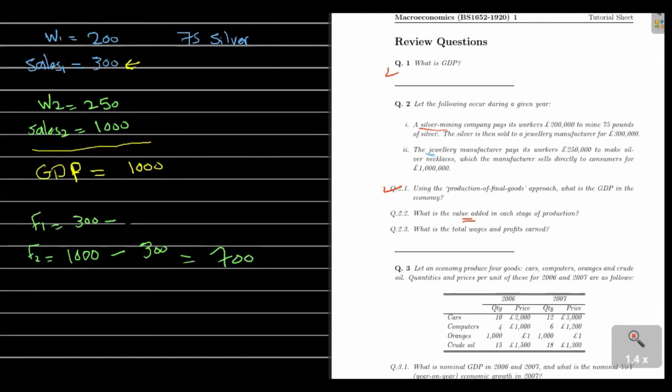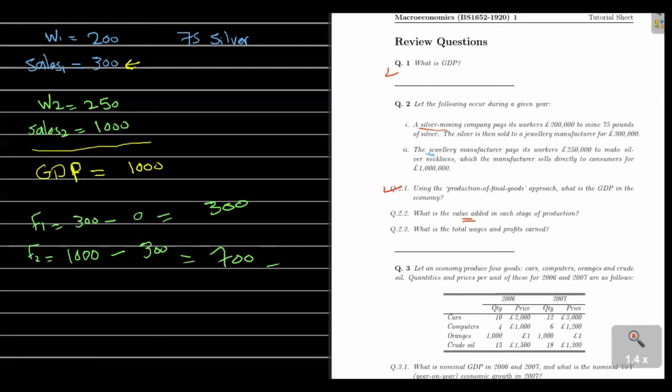So when we think about the first firm, there's no information about anything they bought, or any intermediate goods they used to produce the silver. So that was 0, which means their value added is 300,000.